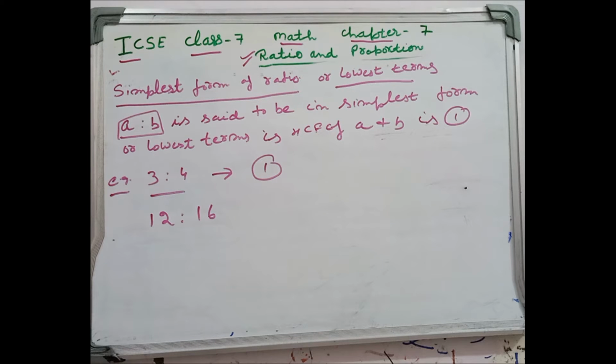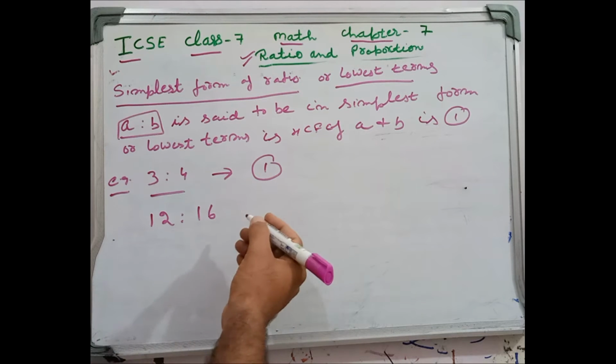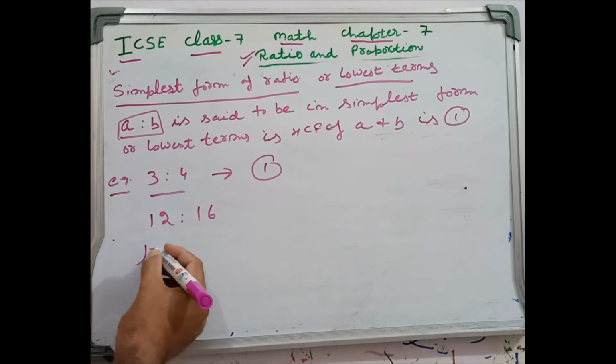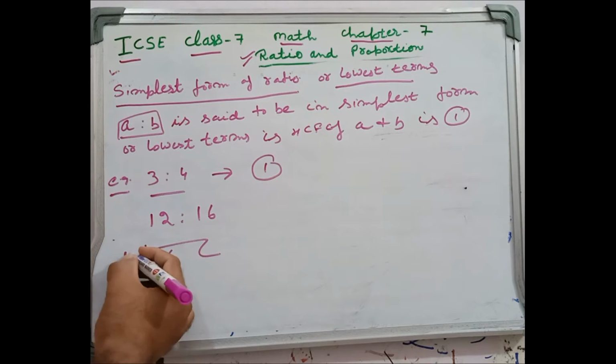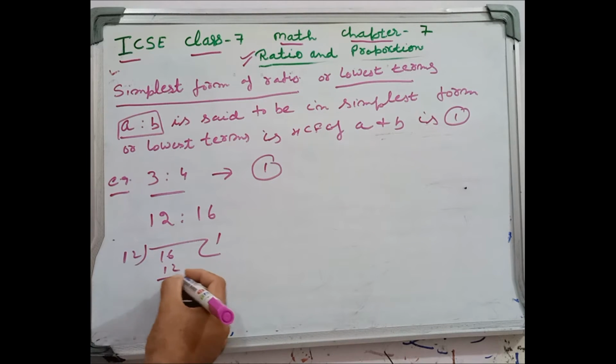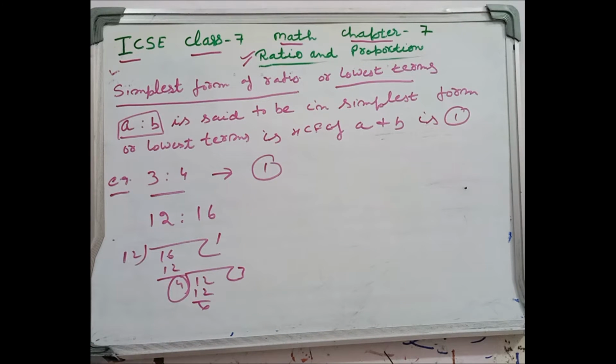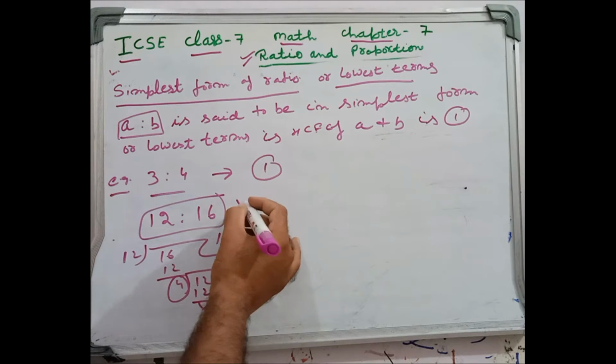No, because if we find out their HCF, 12 is 4 threes, and 16 is 4 fours. So their HCF is 4, so they are not in the simplest or lowest terms.